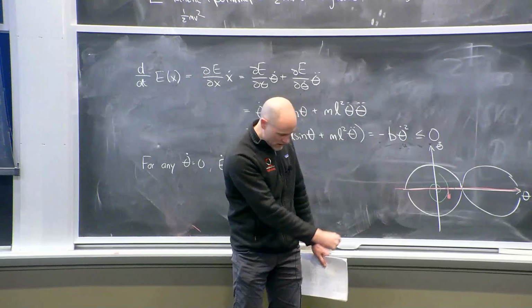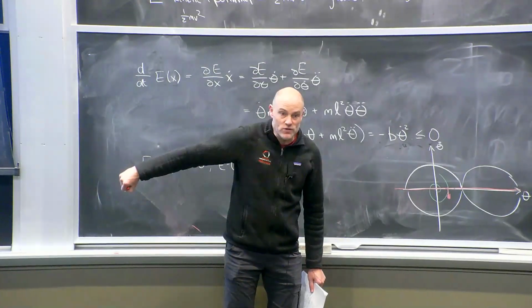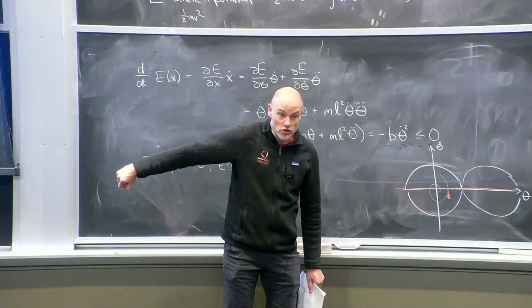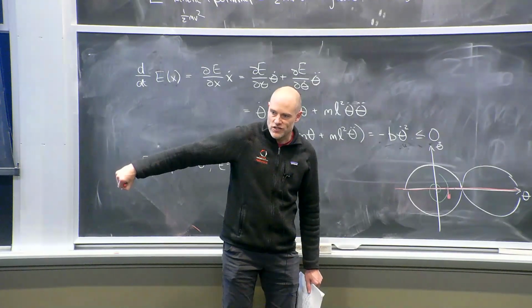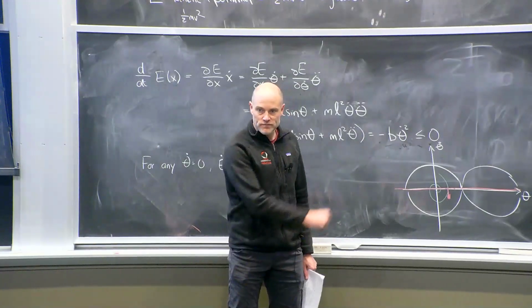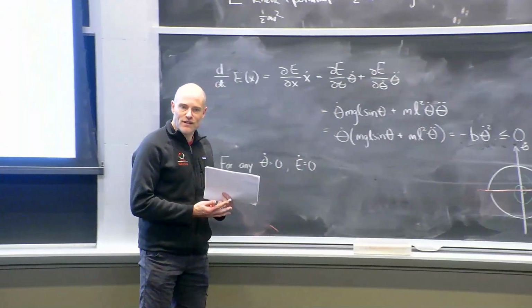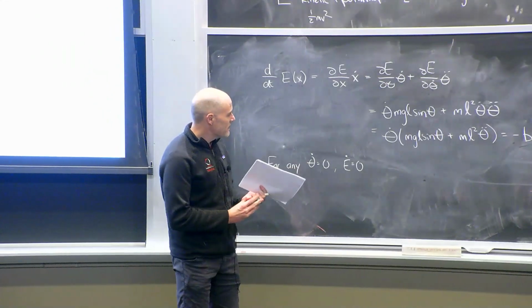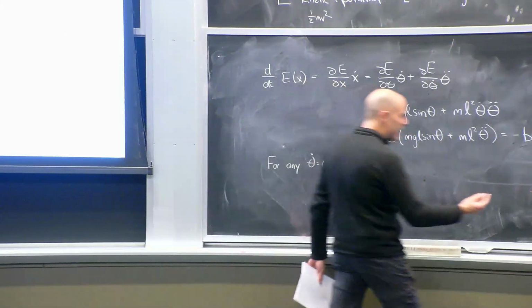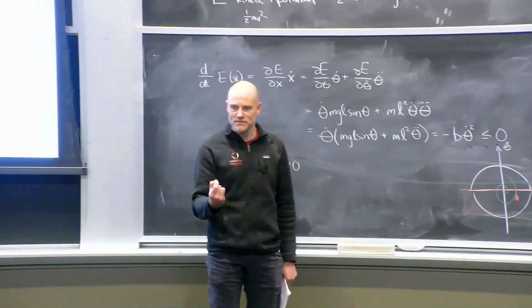This is like the robot swinging back and forth. At the turnaround point, it's not losing energy at that instant. But then it starts falling again and it starts losing energy again. You build up that collection of tools, and you can say that as time goes to infinity, I'm going to get to the origin.